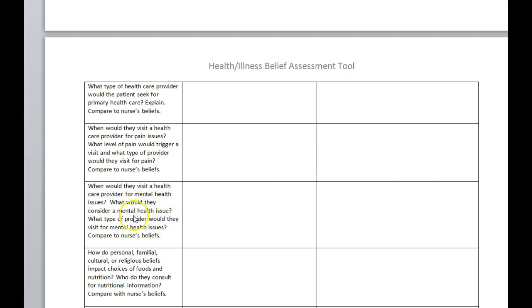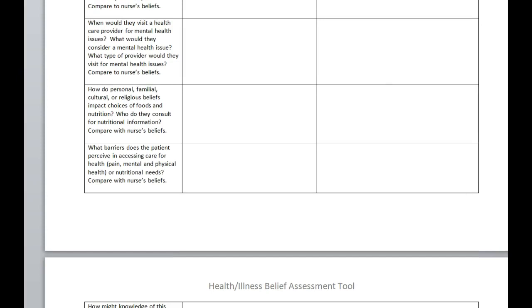Mental health, sort of the same track. What is their perception? Make sure that when you are answering this, you answer each one of these questions. When I get to the rubric, I'll tell you why that's important.